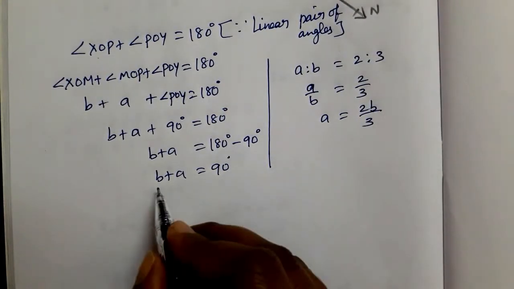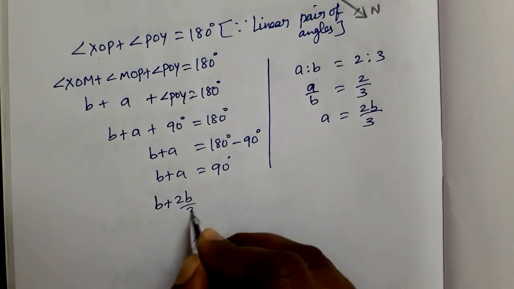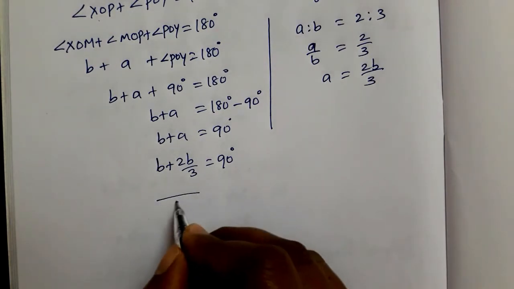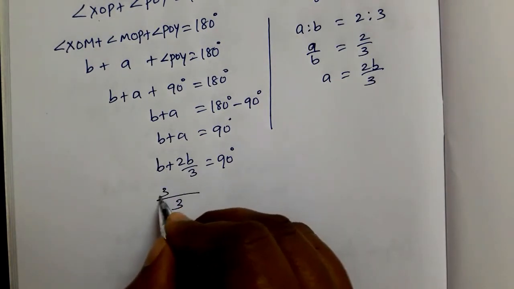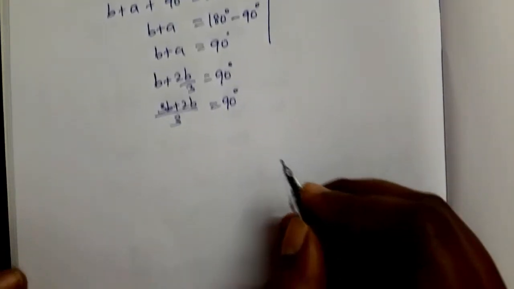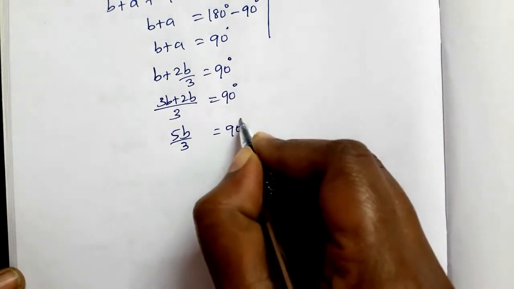So this a value we can substitute here. So b plus 2b divide 3 equal to 90 degree. Let's take LCM here. Here denominator 3. 3 into b, 3b, plus 2b equal to 90 degree. 3b plus 2b we will get 5b divide 3 equal to 90 degree.